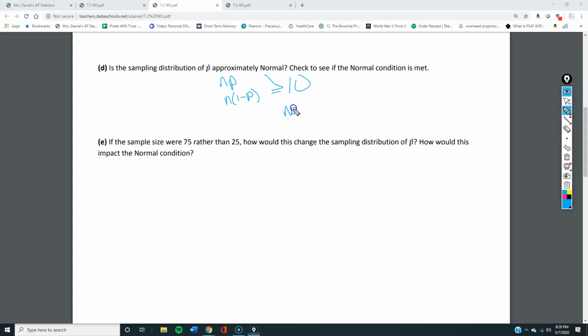No, it does not, because we know n times p is 3.75, so it does not. It is not normal. It fails the law of large counts.